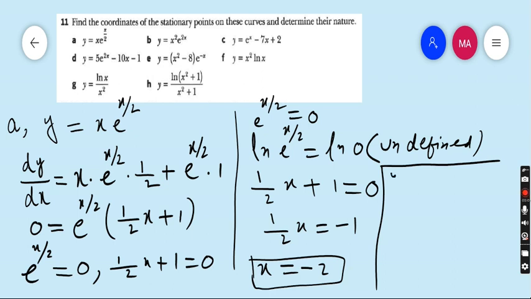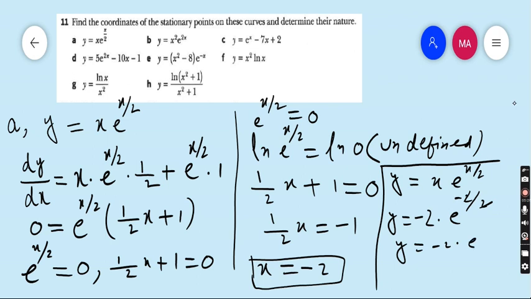Our question is y equals x e power x upon 2. So y is equal to x is minus 2, e power minus 2 upon 2, 2 cancel by 2, e power minus 1.